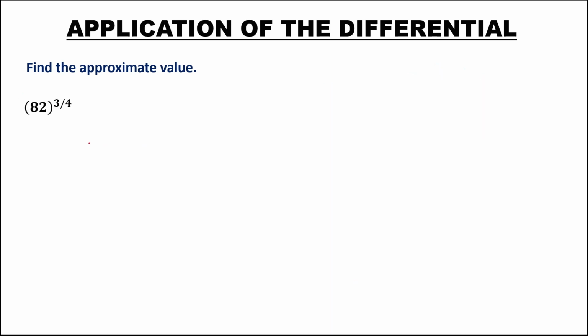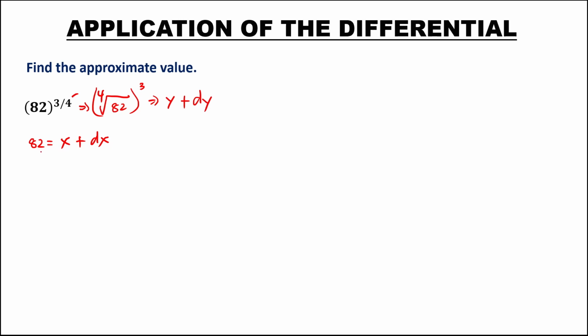Then for this given, since this is equal to the fourth root of 82 quantity to the power 3, we have now y plus dy. Then without the radical, 82 equals x plus the dx.